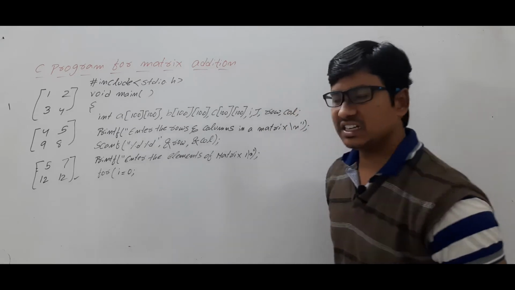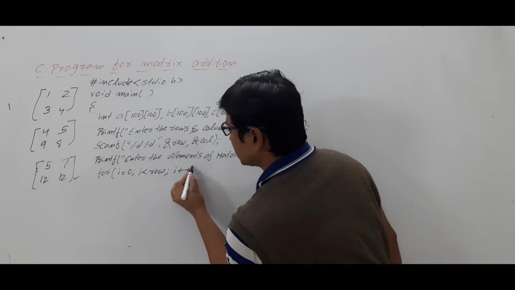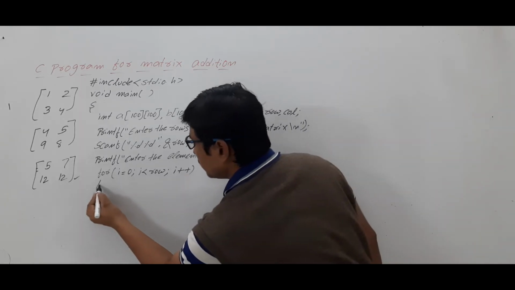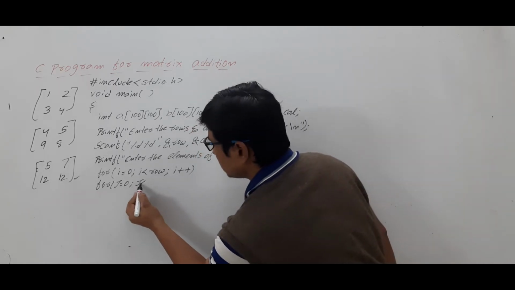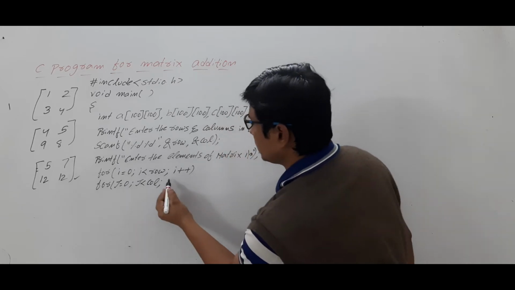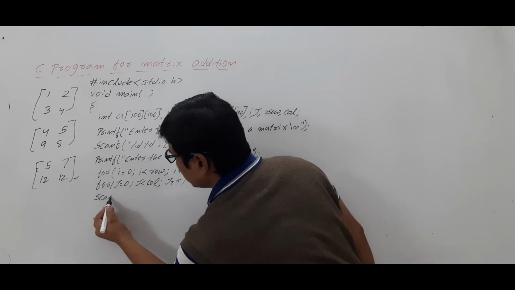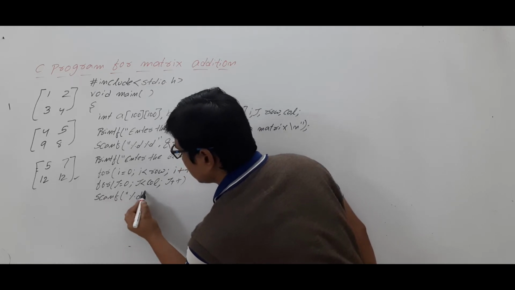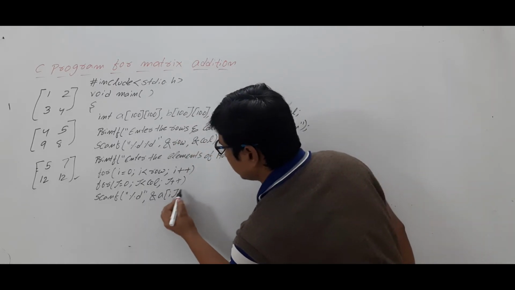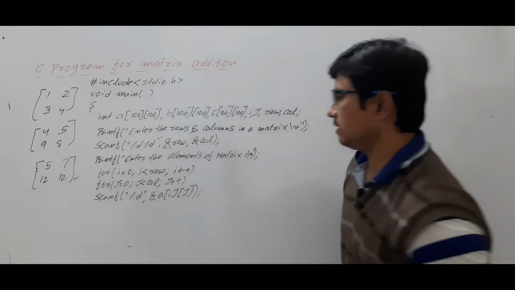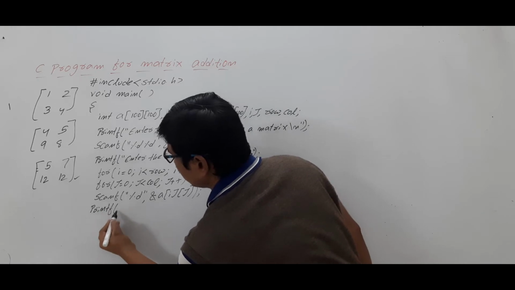It has an initialization section, a condition, and an update section. Then you have the inner loop: for j is equal to 0, j less than column, j plus plus. Then you use a scanf function to store those elements in the array A.